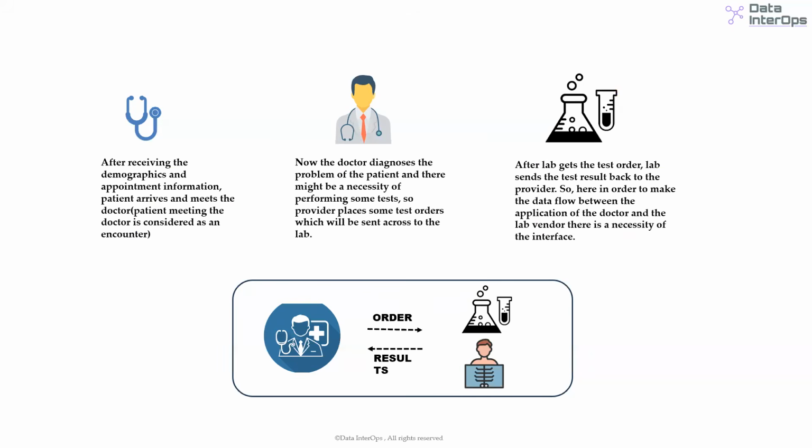How it goes and all, we'll talk about that later. But primarily, the data will flow over from PM to EHR, so that the doctor can take a look at who the patient is, what these details are, and also the scheduling information, in case he has any appointment for any patient for that day.